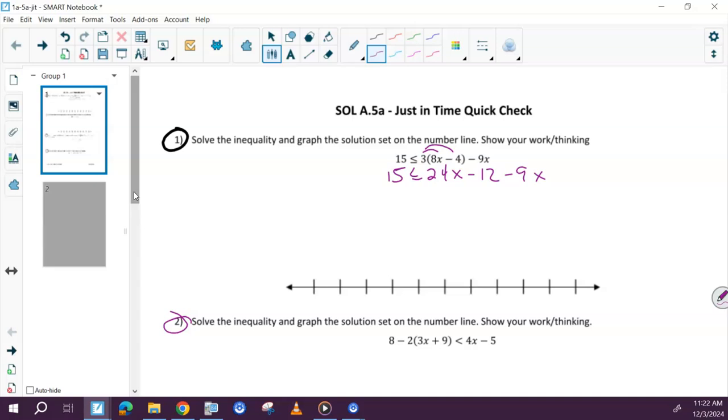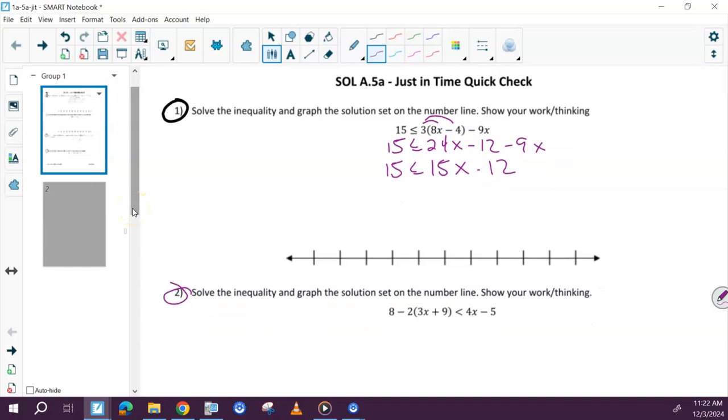And then combine like terms, do exactly what it says, 24 minus 9. Get rid of 12 by adding it to the other side. And then divide both sides by 15.